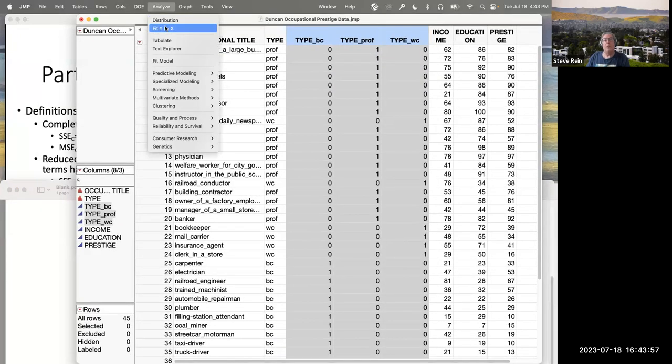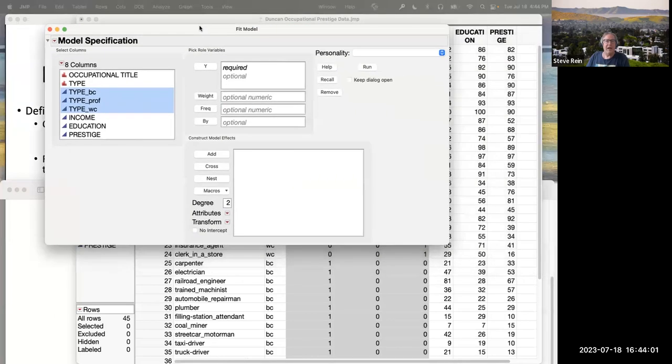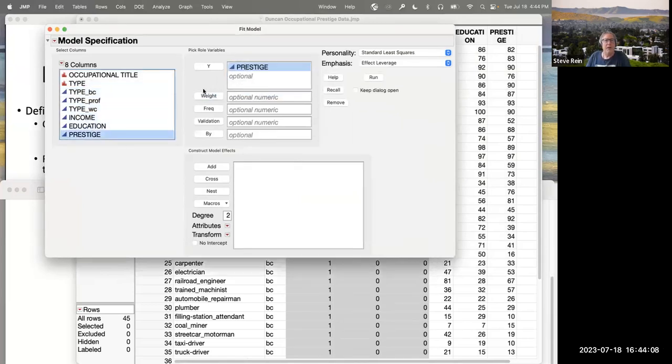We need for the model, we're going to have the prestige level determined by the income, and also whether it's professional or not, and whether it's white collar or not, right? So far, so good. And for the moment, I'm going to put the interactions on hold.